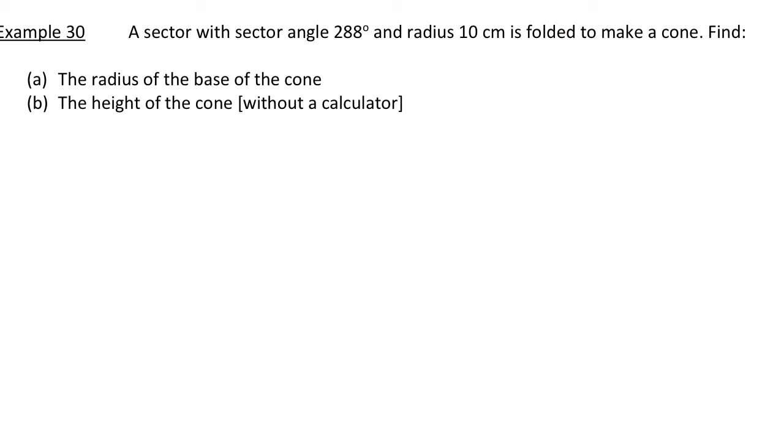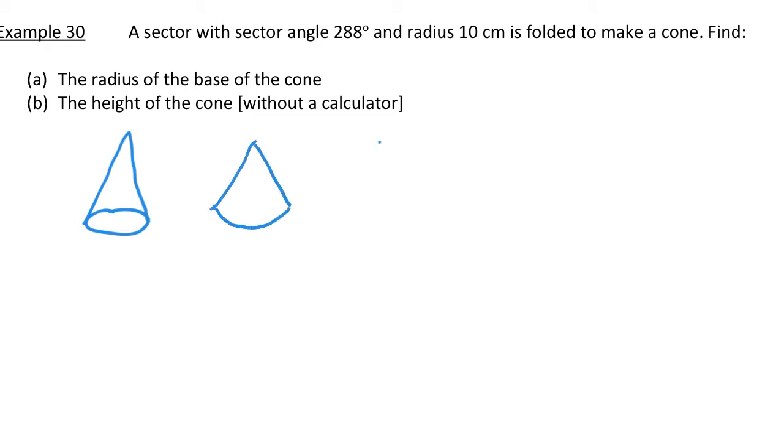Example 30: a sector with a sector angle of 288 and radius 10 is folded to make a cone. Find the radius of the base of the cone. So what we just looked at was that the base of the cone comes from the arc length of the sector.